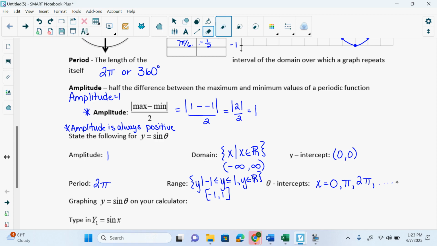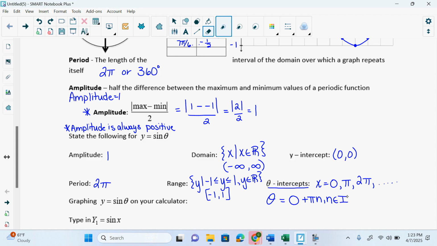So we could write this as a general solution. Theta equals, what's our first one? 0. And when does the next one happen? How much further? Pi. So plus pi n, n is an element of the integers.